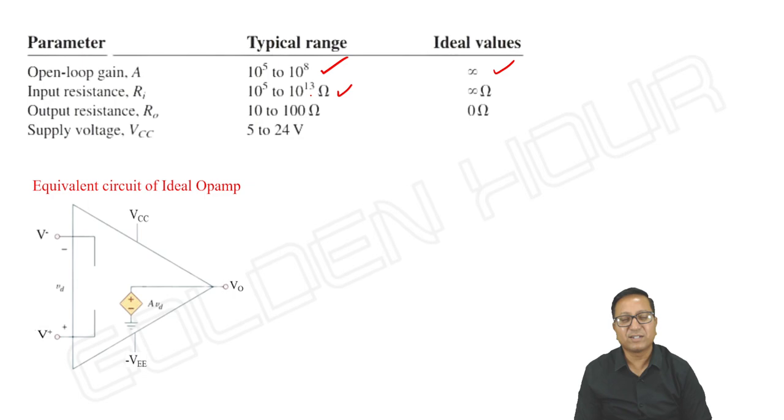Even 1 mega or 2 mega ohms we treat as open circuit in analog. If that is the case, 10 power 13 means I can comfortably treat it as infinite ohms, open circuit. Ri is infinite. And output resistance Ro, typically its value is 10 to 100 ohms, and ideally it is 0, meaning short circuit.